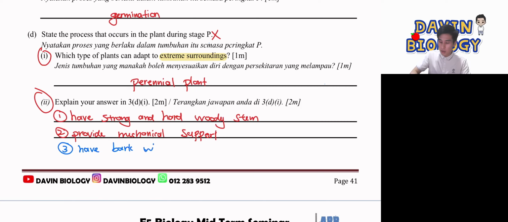Then you can say, how does bark protect them from extreme surroundings? So you talk about the weather more than insects biting them. So we can say when it's too hot, it prevents water loss, which is waterproof, to reduce water loss.